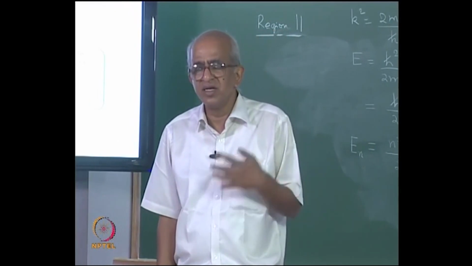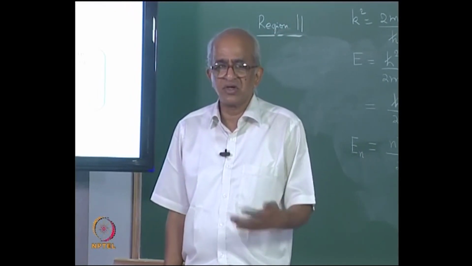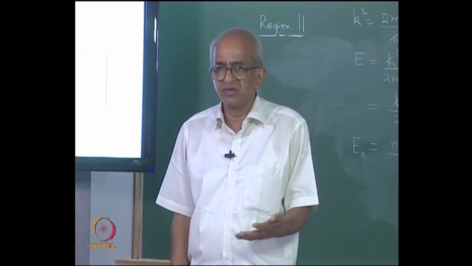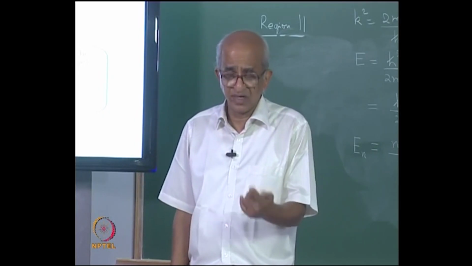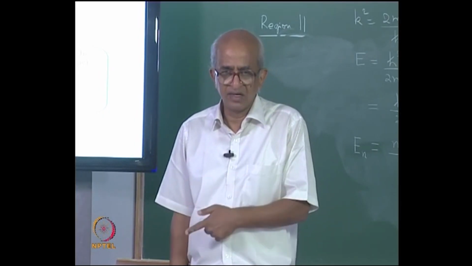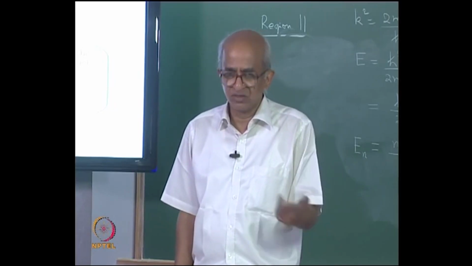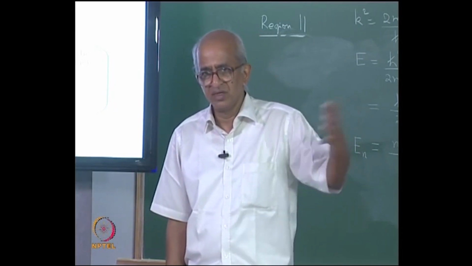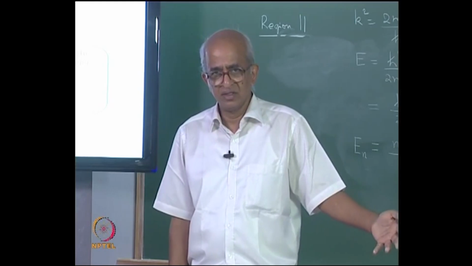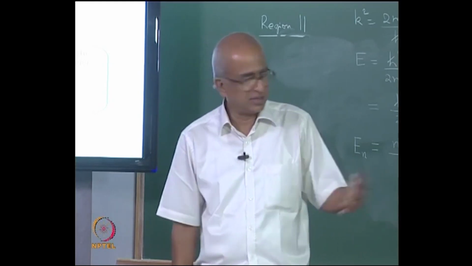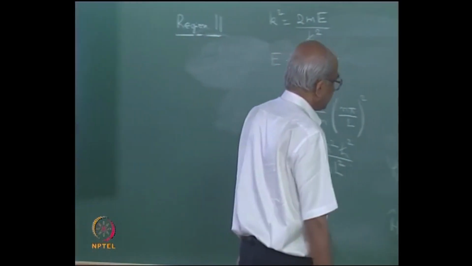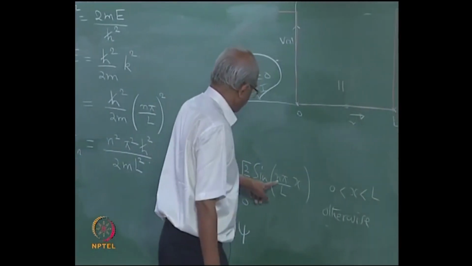So, how many eigenfunctions of the Hamiltonian operator have we found? The answer is that each value of n gives you one eigenfunction and the associated eigenvalue. So, we have found an infinite number of eigenvalues and associated eigenfunctions. Let us look at the first eigenfunction. The first eigenfunction would have n equal to 1.